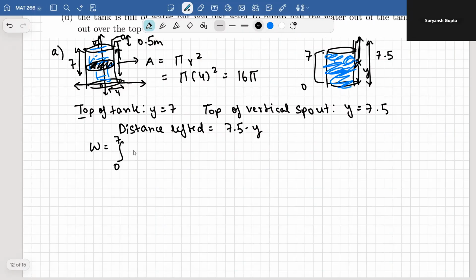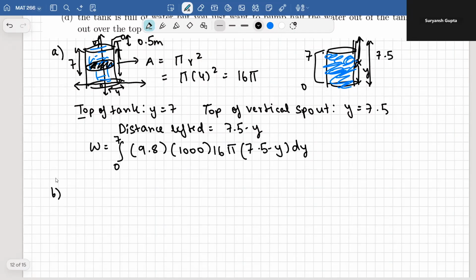Next, I multiply the gravitational acceleration, which is given, times the density, which is also given, times the area of cross section, which we found out as 16 pi, times the distance the water has been lifted, which is 7.5 minus y, times dy. And this is part A.